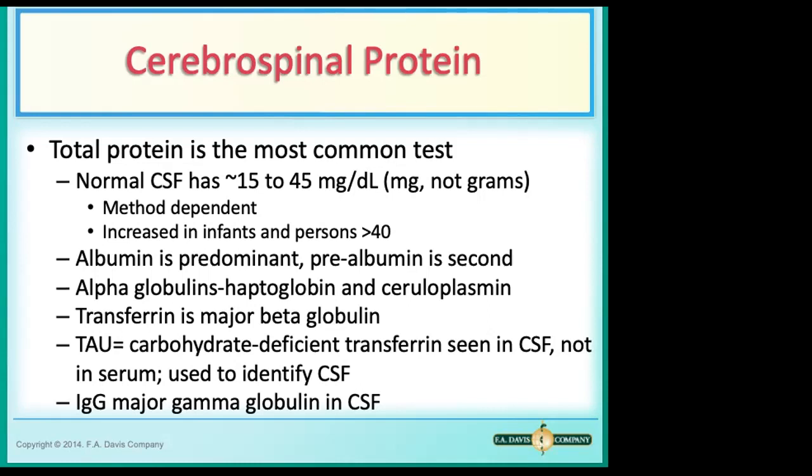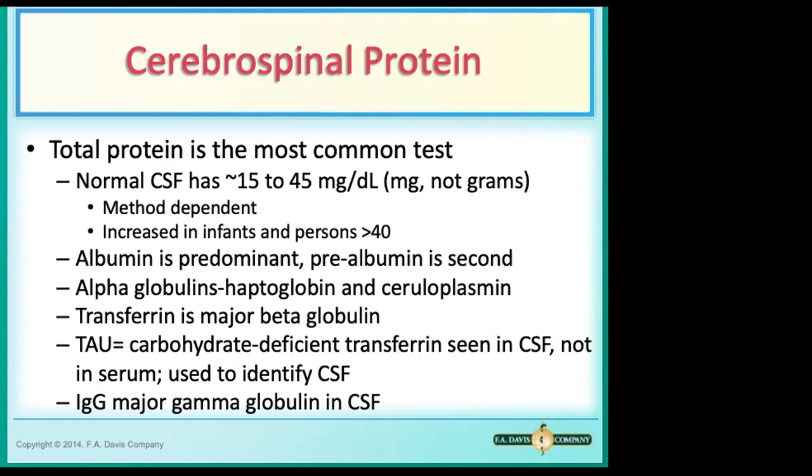But in contrast to the serum, prealbumin is the second most prevalent fraction in the CSF. The alpha globulins are the haptoglobins and the ceruloplasmins. Another protein is transferrin, and that's the major beta globulin that is present. And it's seen in the CSF, but not in the serum.